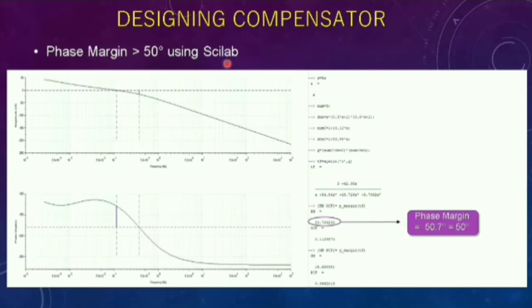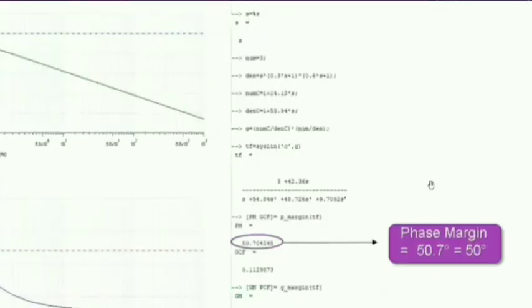And now we are going to design the compensator that has phase margin of at least 50 degree by using Scilab. This is the coding.